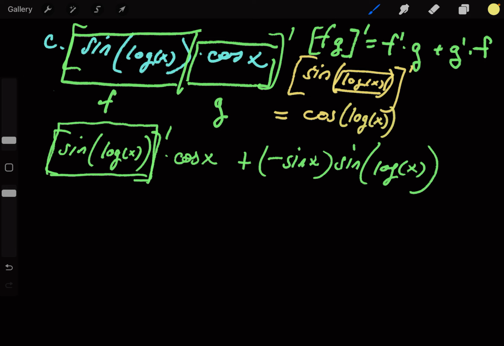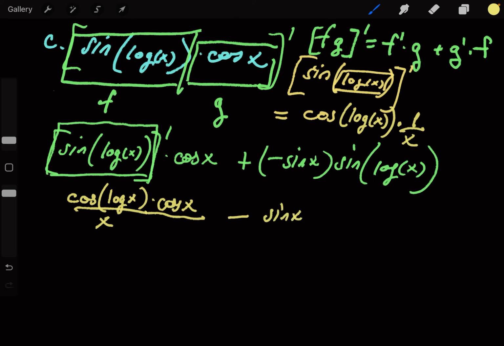So times the derivative of log x, which is 1 over x. And now I have this derivative. Now I plug it into here. I'm going to get cosine of log x over x, because that's 1 over x, times cosine x, minus sine x times sine log x. And this is really as simple as it can get.